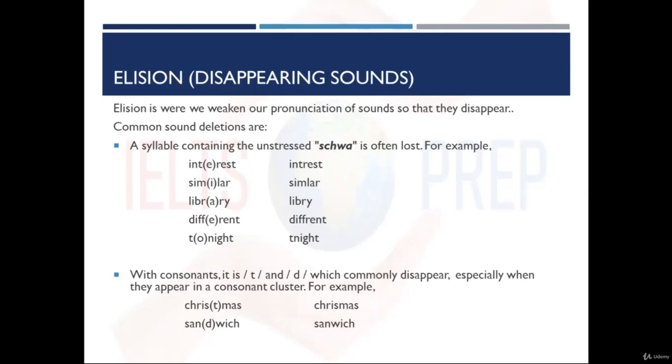So if we have a look at the example of Christmas, we don't say Christmas. It's Christmas. The T is lost. And the same as sandwich. Some people might say sandwich, but most people will say sandwich. The D is lost because it's in between the two consonants.